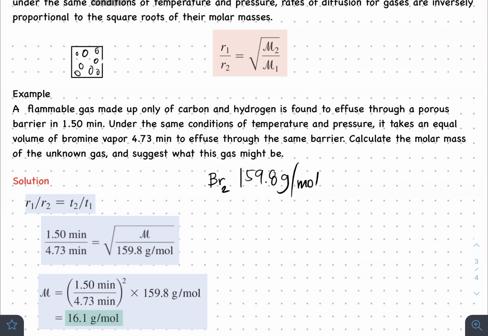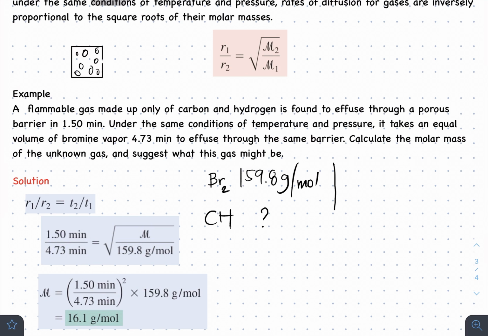Compared to the unknown gas compound, which is made up of carbon and hydrogen, maybe I should write CH for convenience. This CH has an unknown molar mass.